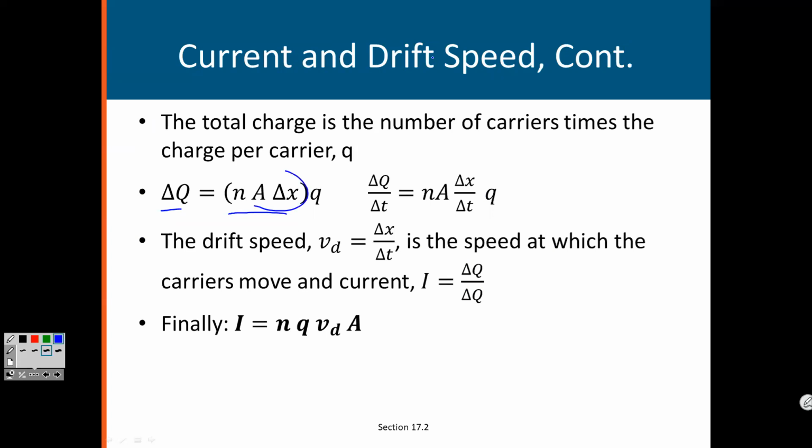A delta x multiplied by the charge carrier density will be the total number of charges. Then you multiply by Q, the charge of a charge carrier. Let's say these charge carriers have a charge Q. So the total number of charges multiplied by the charge of one charge carrier will give us the charge.